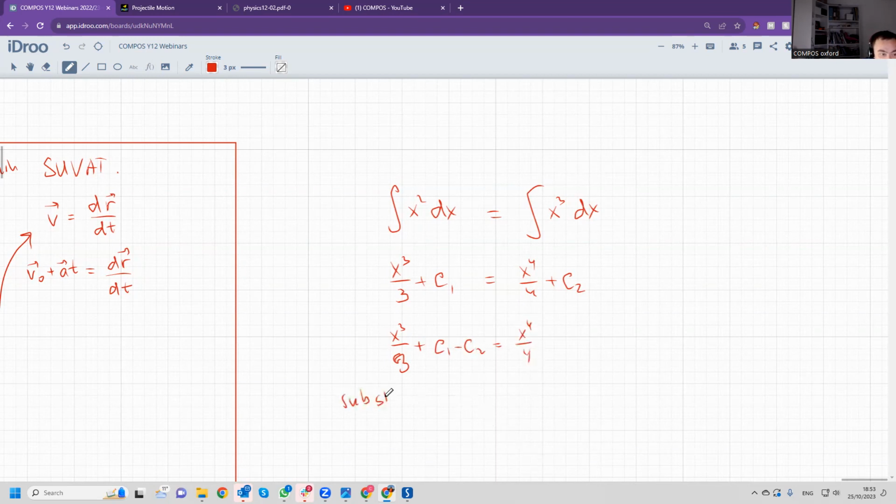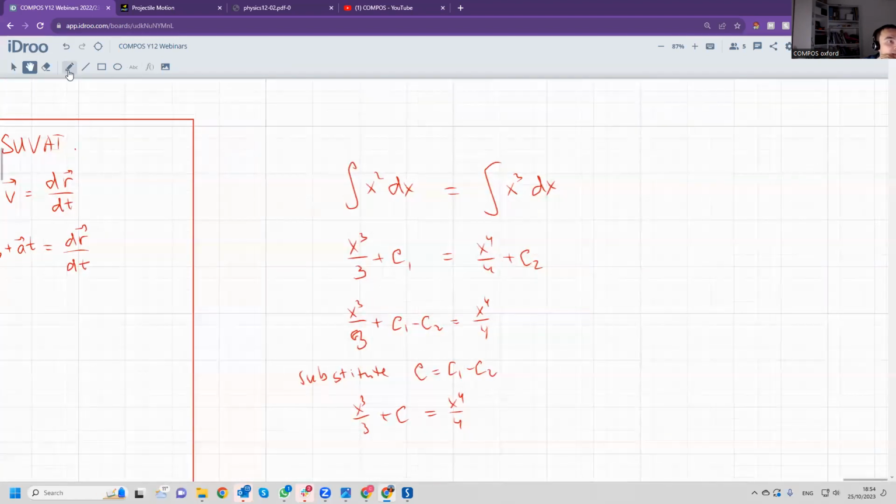Substitute c equals c1 minus c2, and then you get x cubed over 3 plus c equals x to the power 4 over 4. You're allowed to get rid of one of the constants because it's an arbitrary constant. So write c on one side only.